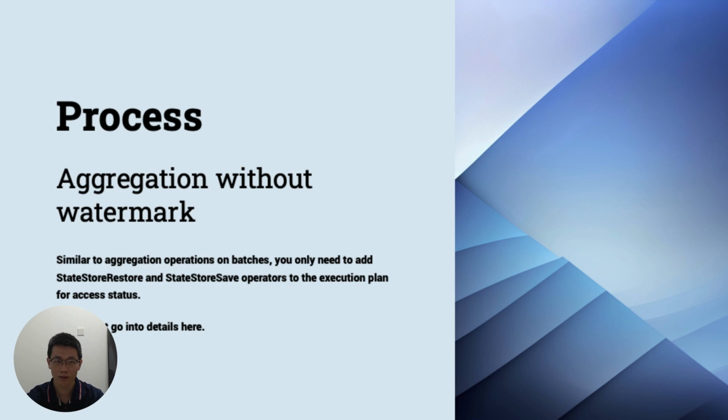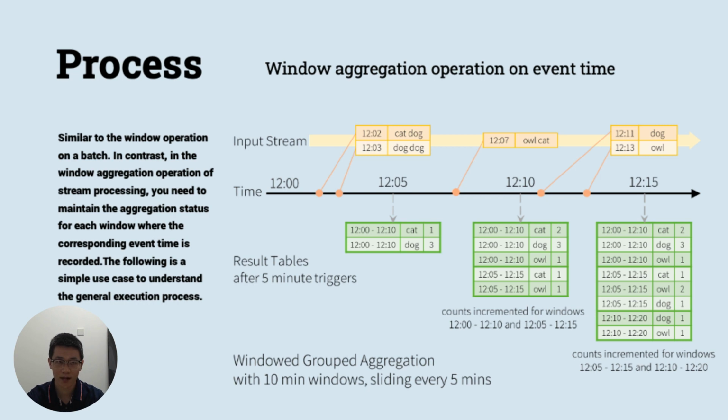Instead, we'll focus on event time in streaming processing. Now, let's dive into time-based windowed aggregation operations. Windowed aggregation is a typical and widely used scenario in stream processing. We will use a scenario to explain the concept.